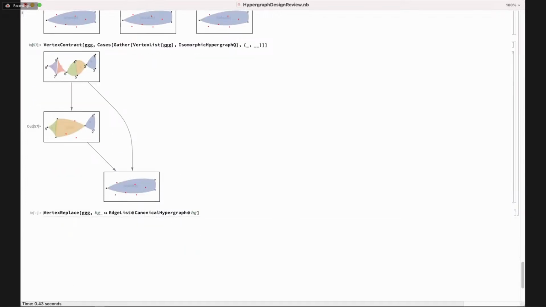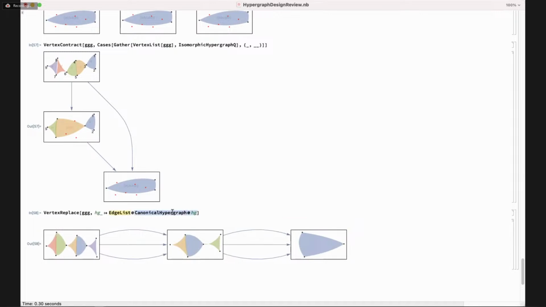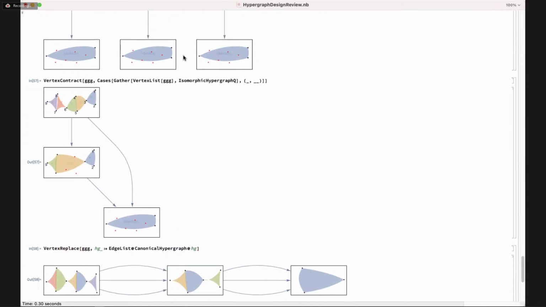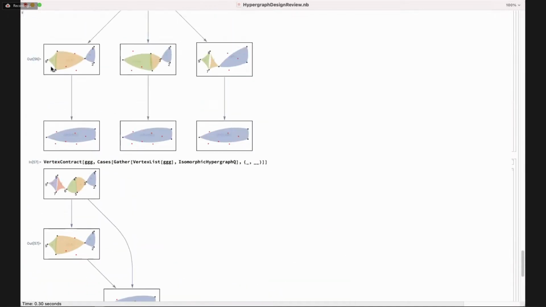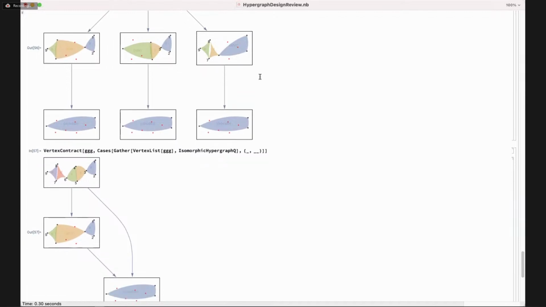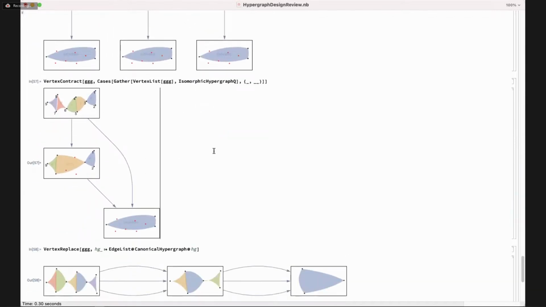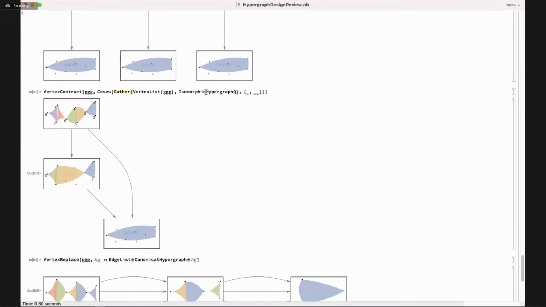You can do kind of different things with it, right? Exactly. I see. You can turn them into some canonical graph and just an edge list maybe. Yes. So that these things are all isomorphic, so they get contracted into one, and this one also isomorphic. Exactly. So okay, that's how we do it.